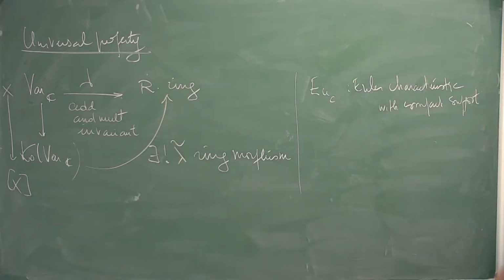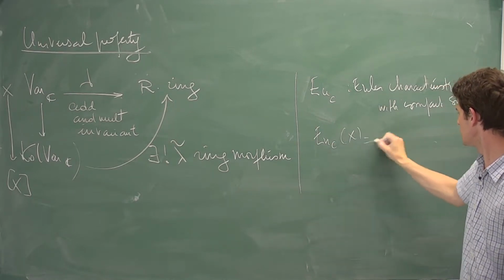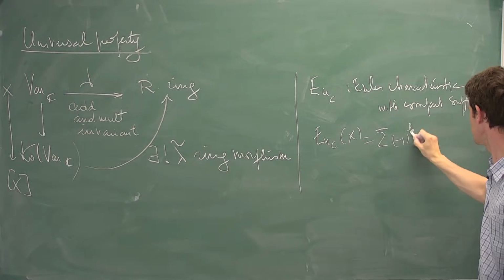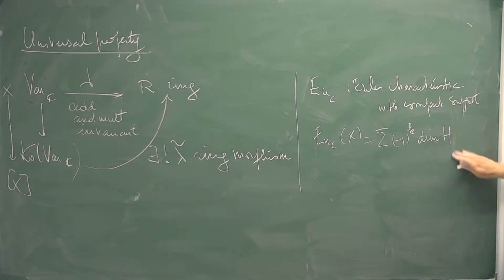So maybe this afternoon, George will explain the construction in the semi-algebraic setting of that guy. But anyway, you have here an example. You look at the alternating sum of the dimensions of the cohomology groups with complex coefficients, for instance.